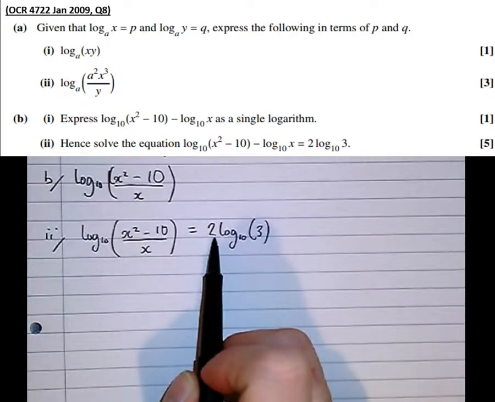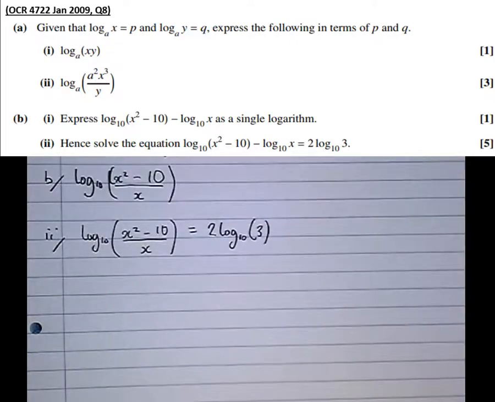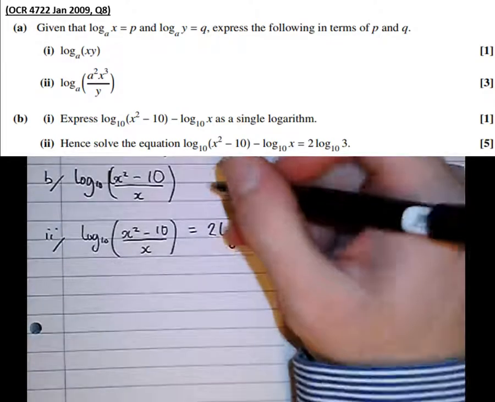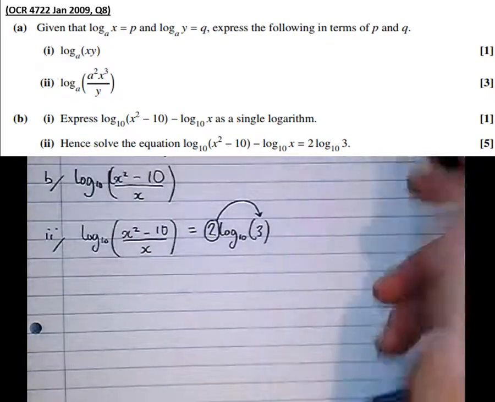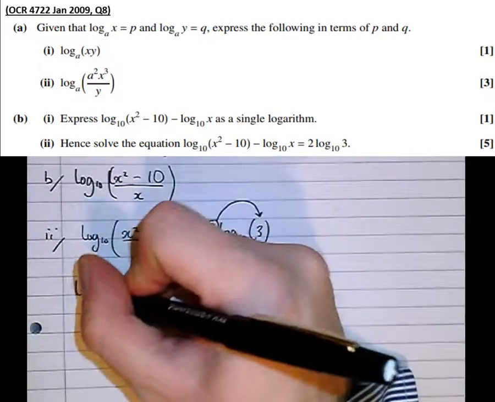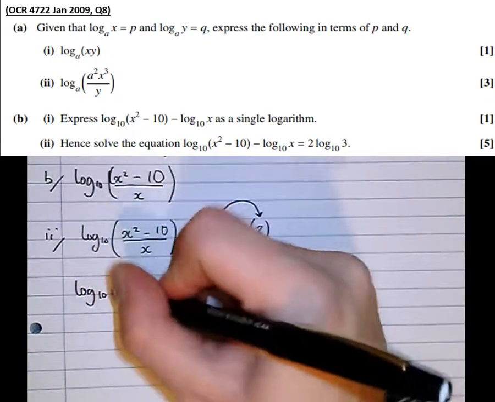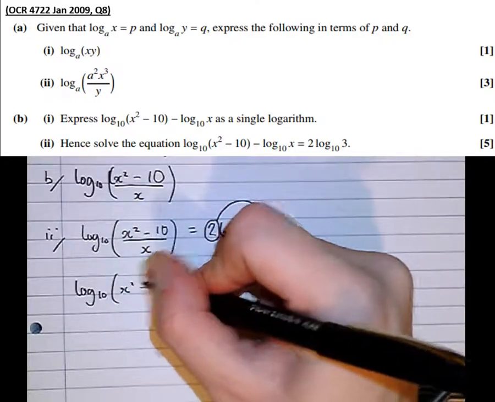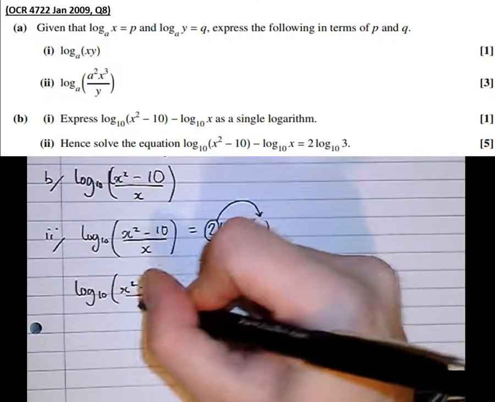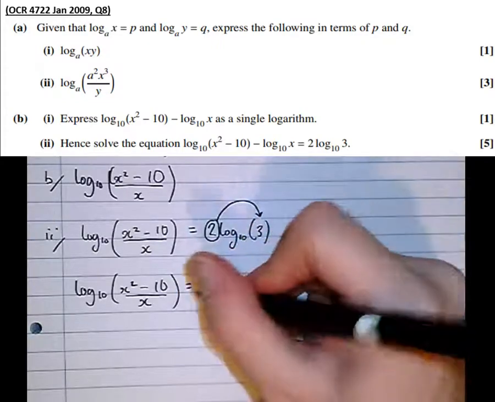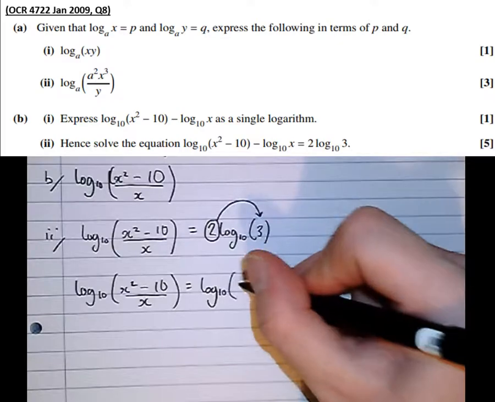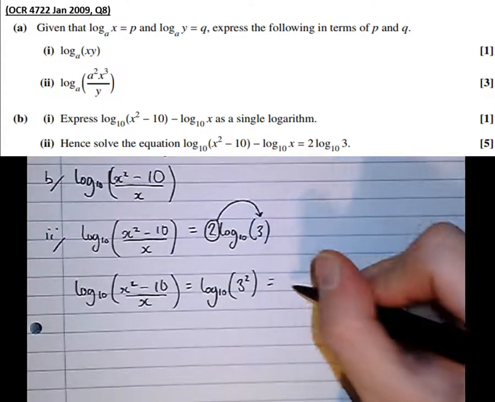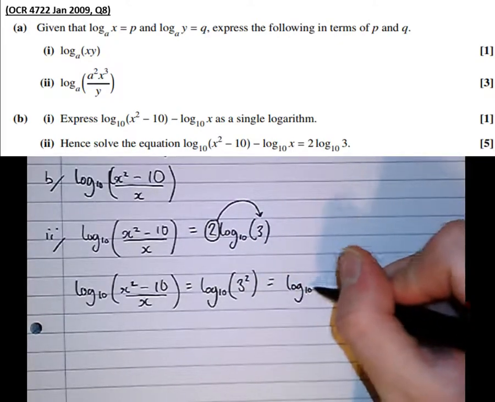Here though, we've got a problem because it didn't just say log to the base 10 of 3, so we're not ready to unlog it yet. It says 2 log to the base 10 of 3. We're going to need to use the power rule to get that 2 back in there. So using the power rule, log to the base 10 of x squared minus 10 over x equals log to the base 10 of 3 to the power of 2, which is log to the base 10 of 9.